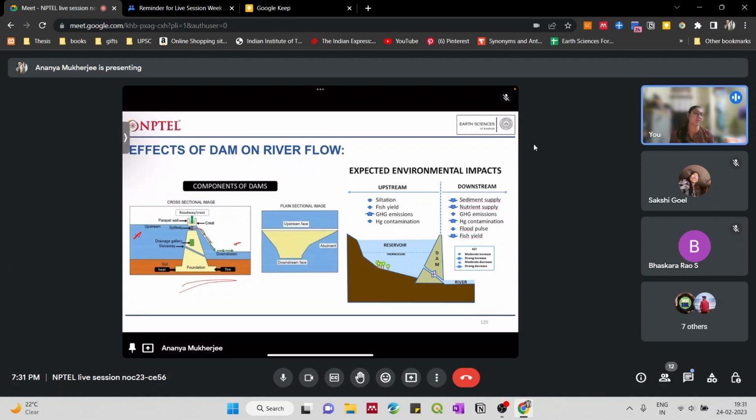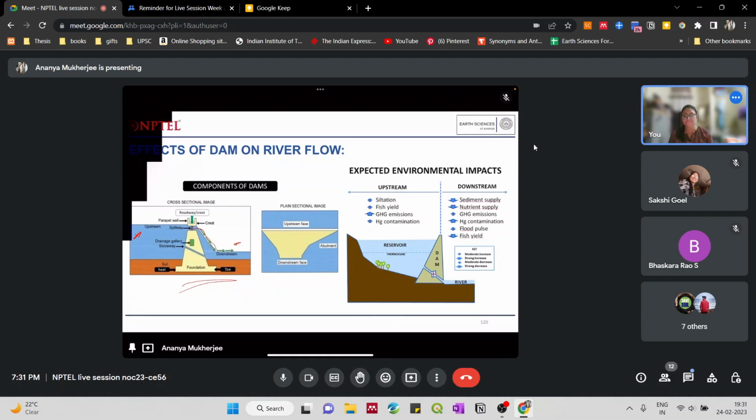These are some of the negative impacts of dams, but it's a give and take relation. There are good and bad aspects, but we need to understand that dams are sometimes responsible for the flooding that happens, and they also obstruct the natural course of the river.